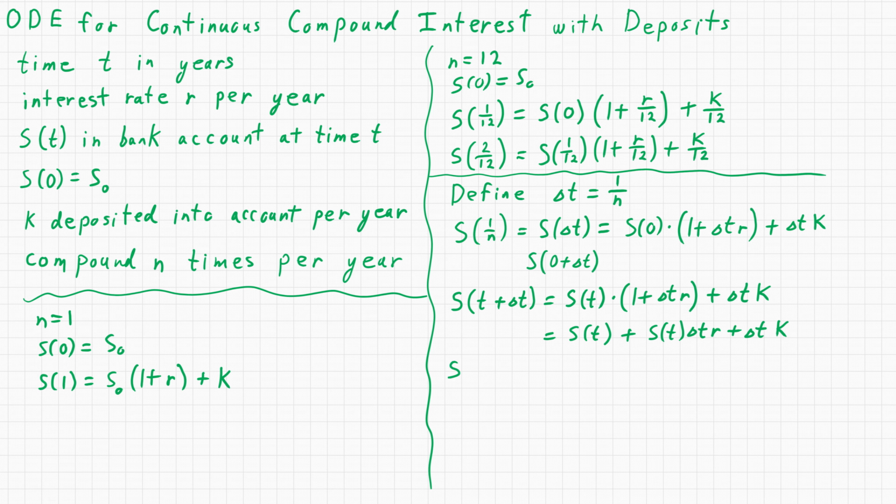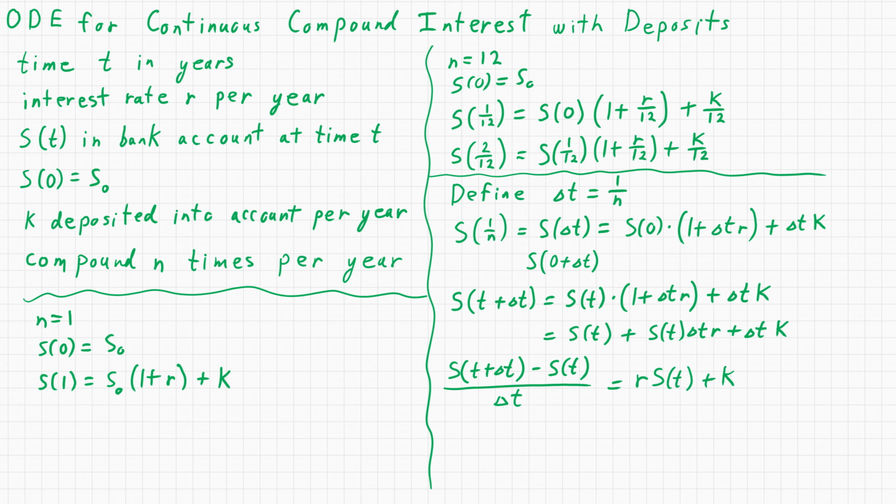So we're going to end up with S of t plus delta t minus S of t, all over delta t. The deltas on this side all got divided out, so this is really just r times S of t plus K.